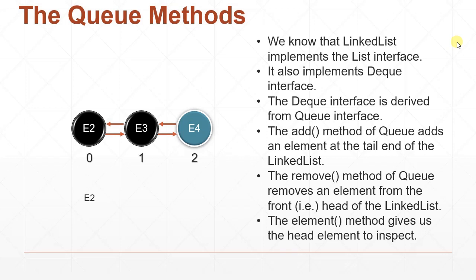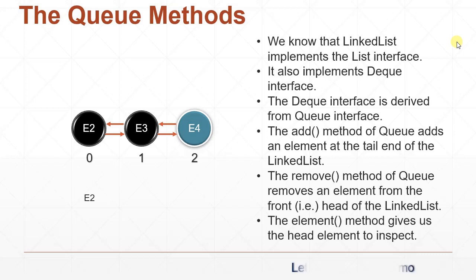The remove method will remove the element from the queue, but the element method won't remove it, but it will give the head element to the caller. So you can inspect the retrieved element and you can check its members or make a call to some of its member functions. All the stuff you can do.